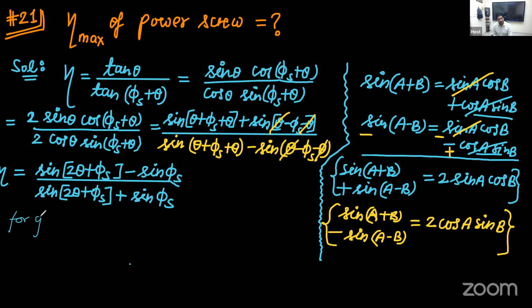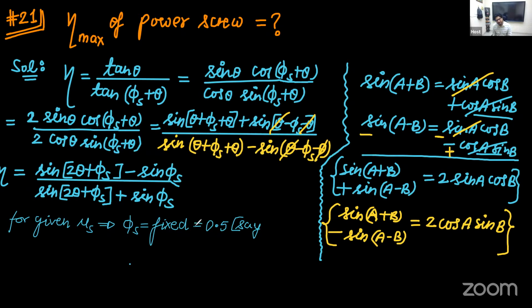For a given mu s, phi s is a fixed value. Let's say phi s is such that sine phi s is 0.5.